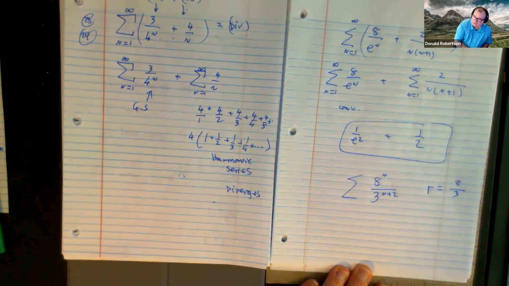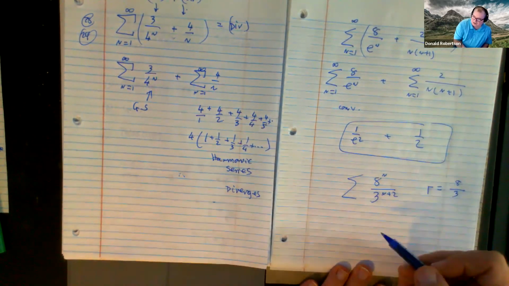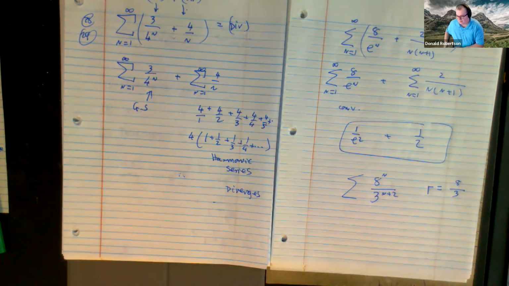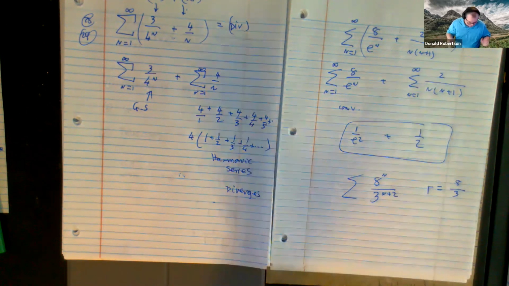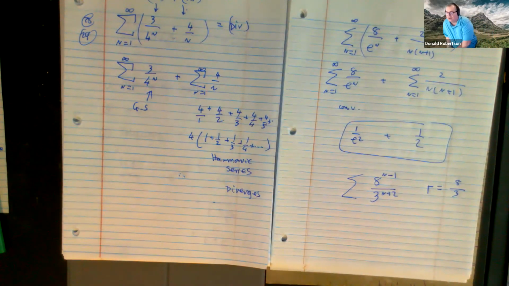Eight-thirds. But what about that n plus 2? That's different. The other one's an n. Doesn't that make maybe 3 cubed in the bottom? Does it do stuff like that? No. That sorts itself out. If you wrote it down the long way and did a2 divided by a1, that sorts itself out. Suppose that was n minus 1. Would make no darn difference. The common ratio would still end up being 8/3.